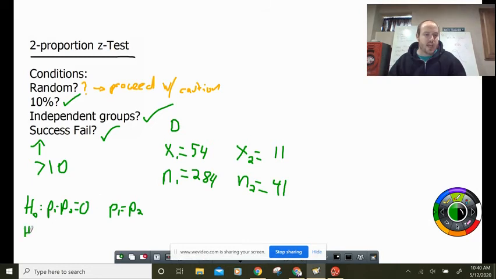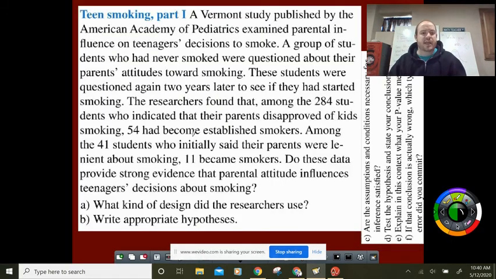And then for our HA, we have to check, did it give any indication that one should be higher than the other? It says, do these data provide strong evidence that parental attitude influences teenagers' decisions about smoking? So in other words, would their attitude raise the chance or lower the chance of smoking? It does not say more or less. It just says influences.